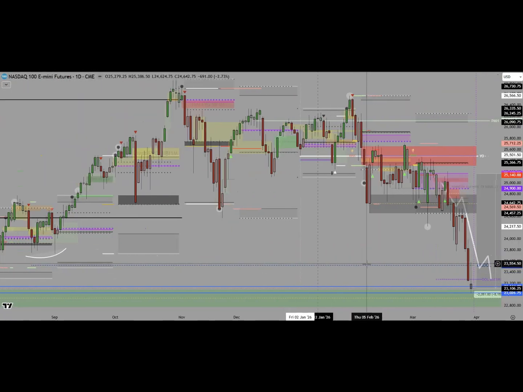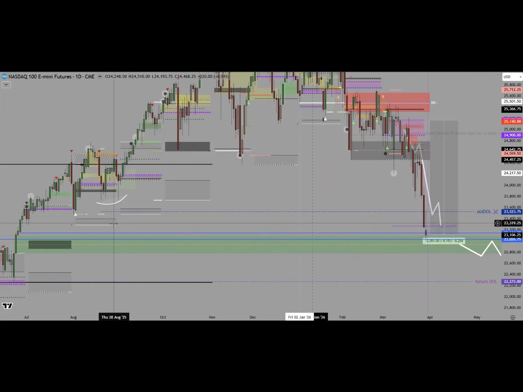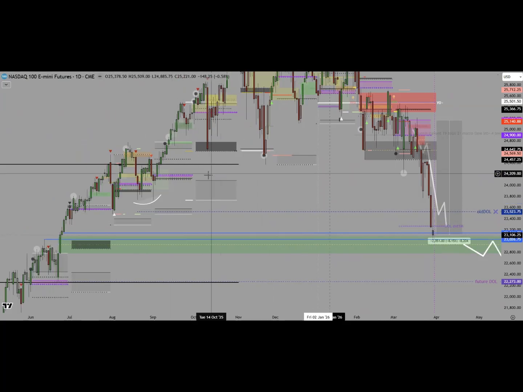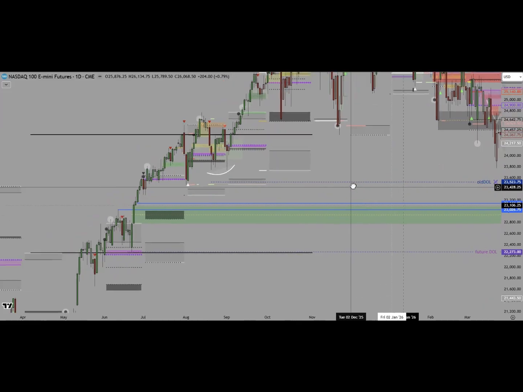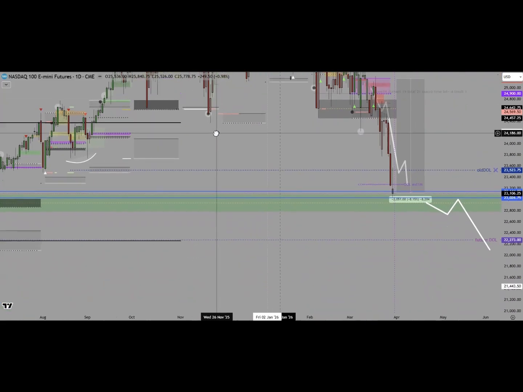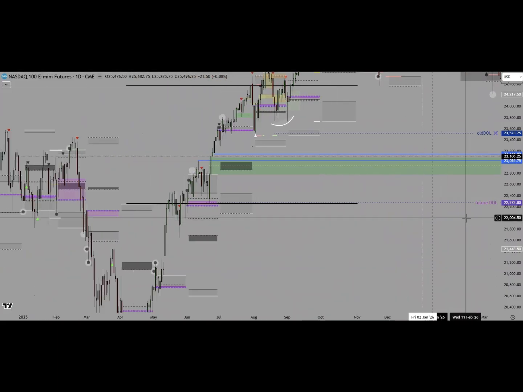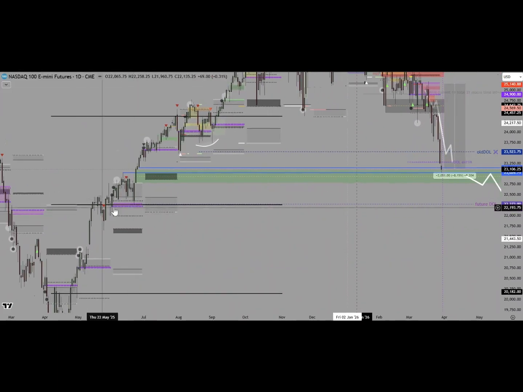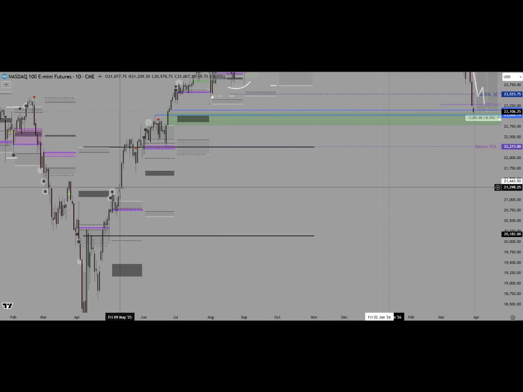See in the daily something different. Managed to get below all these lows. Yes, all seems to continue into these equal lows and maybe into these gaps. It is also a potential draw on liquidity.